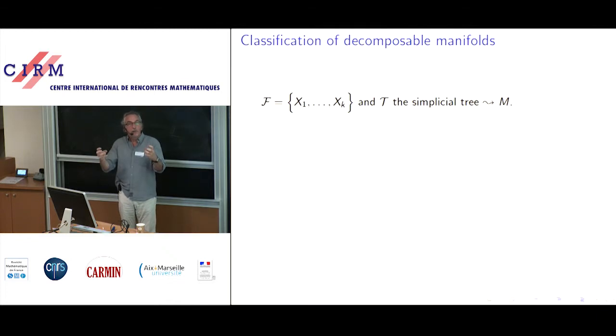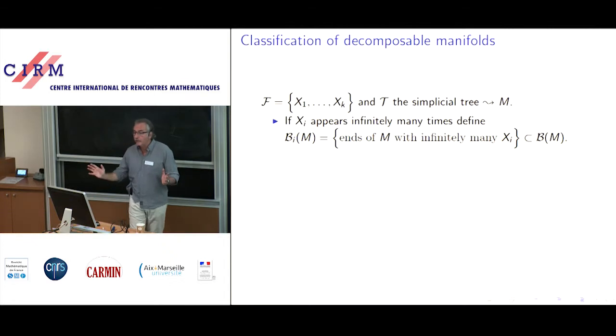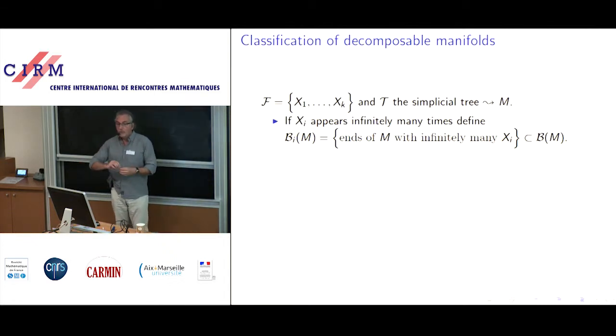That is, you cannot decompose them as a connected sum, because we are going to make a connected sum. Take a simplicial tree and you construct a manifold M just by putting xi at the vertices, as you wish. So there are two kinds of situations. When you go to infinity, so you look at some end in the topological sense of the open manifold, you may see some xi which appears infinitely many times.